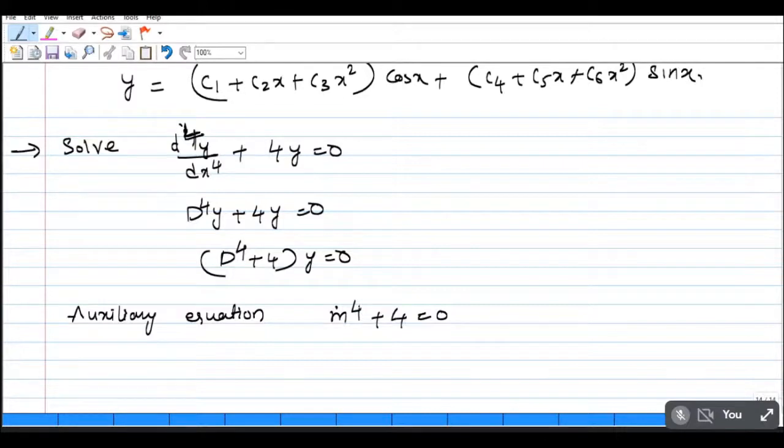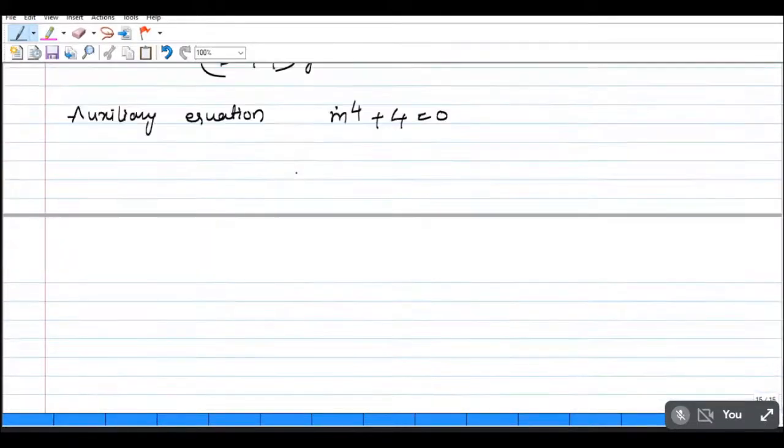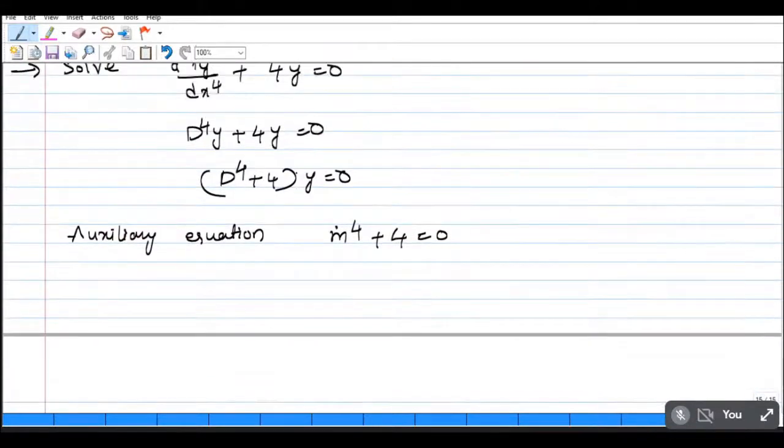How to find the roots of this equation? Do you have any idea? Minus b plus or minus 2a, that we can apply for second degree. Now, if it is m square, a square minus b square, we can write (a plus b) into (a minus b).